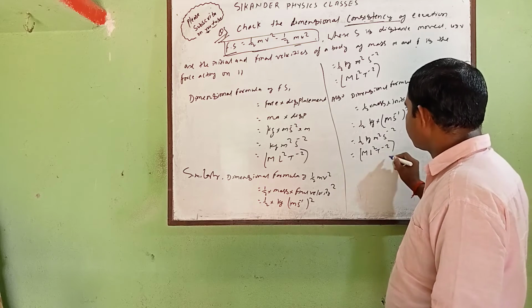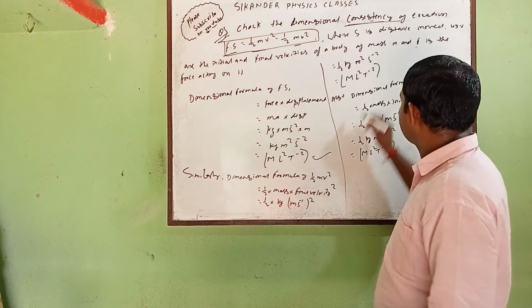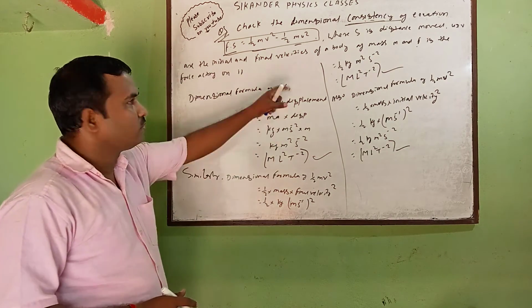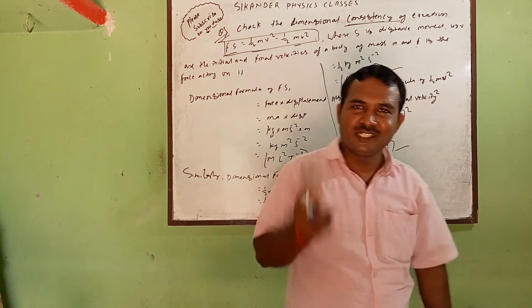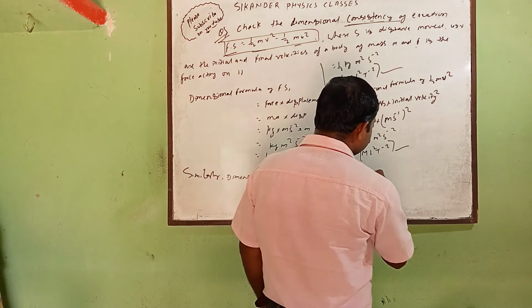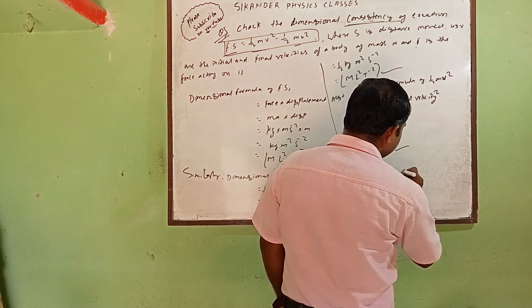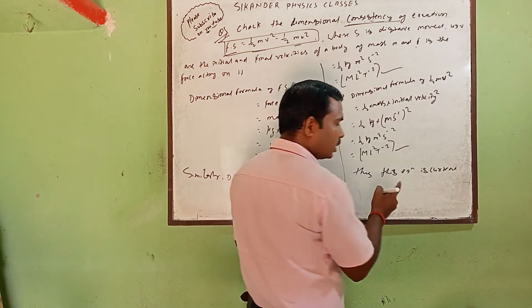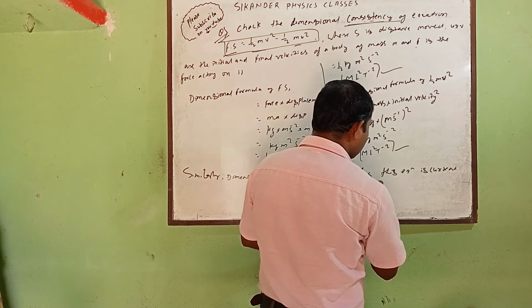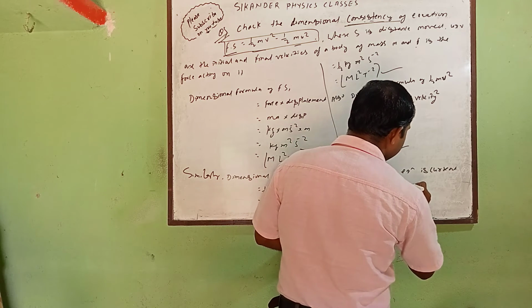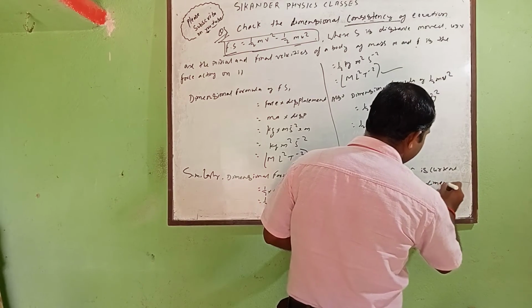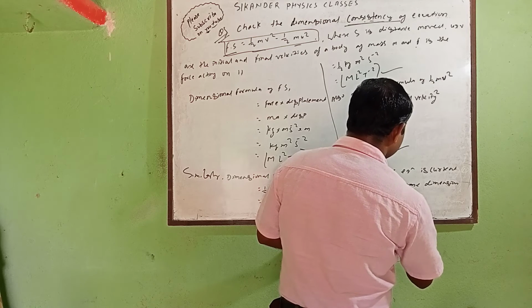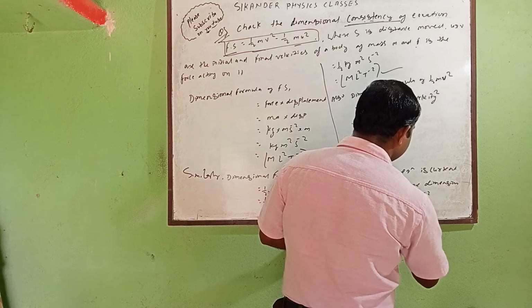The powers remain the same. Now you see in all cases, the first, second and third, all have the same dimensional formula, M L2 T minus 2.